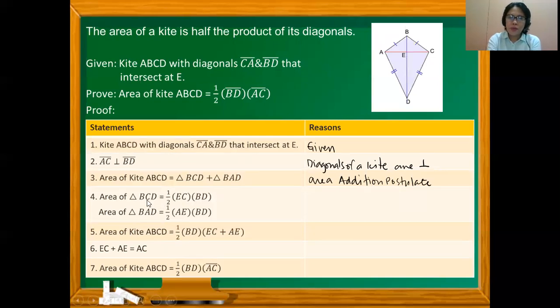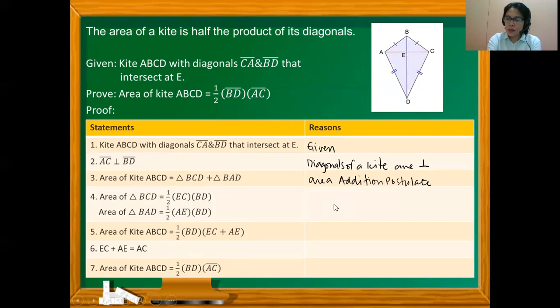Okay, now area of triangle BCD is equal to 1/2 EC BD. And area of triangle BAD is 1/2 AE and BD again.